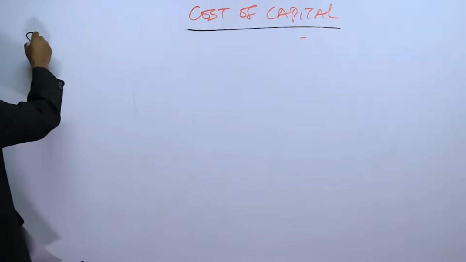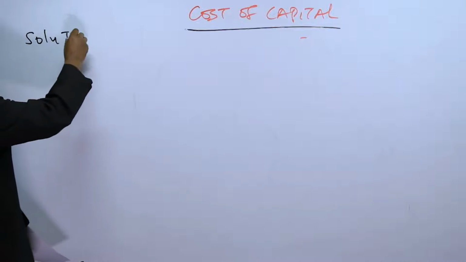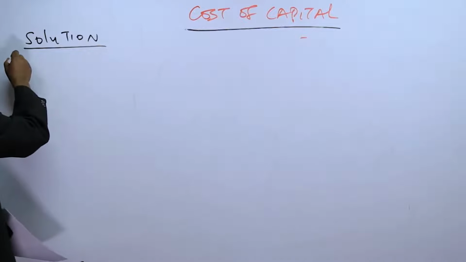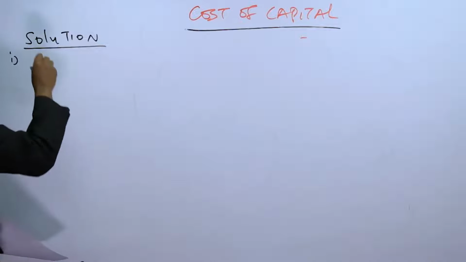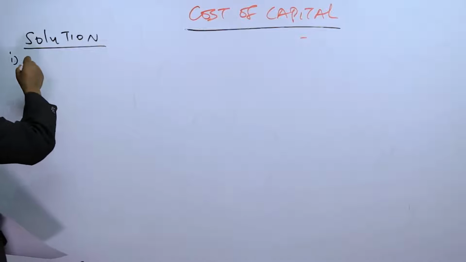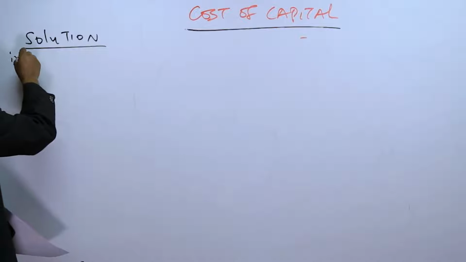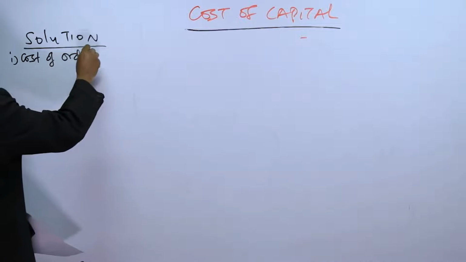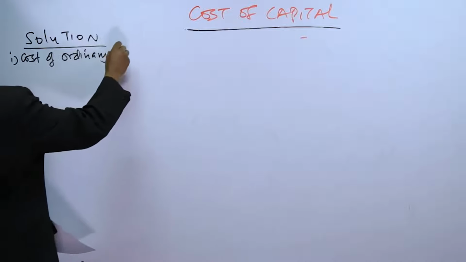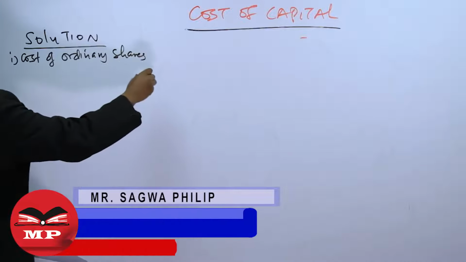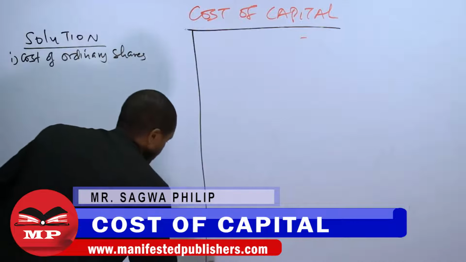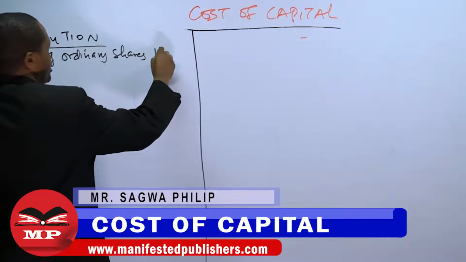Okay. Solution. Part 1 of the question, we are required to calculate the cost of ordinary shares, KE.